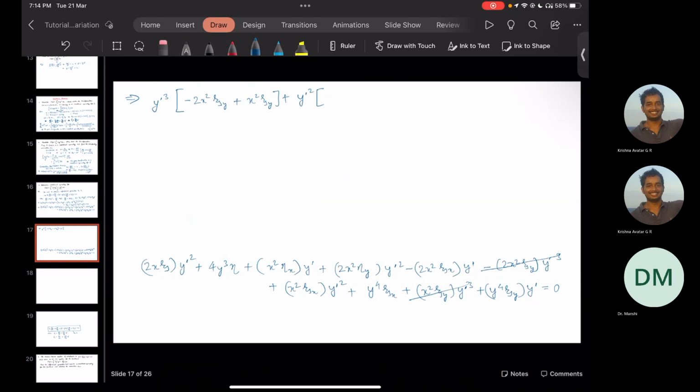Now for y prime squared. So the first term is 2x, so this goes out. And then we have plus 2x squared eta y comes out, and plus xi of x. This is not right.